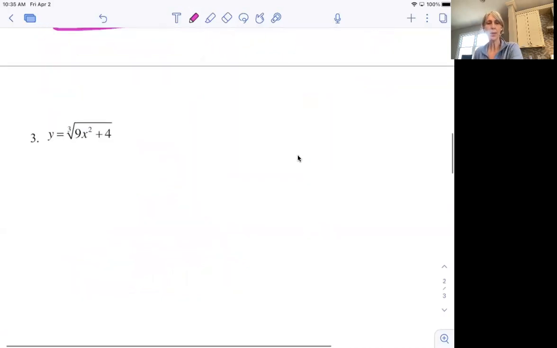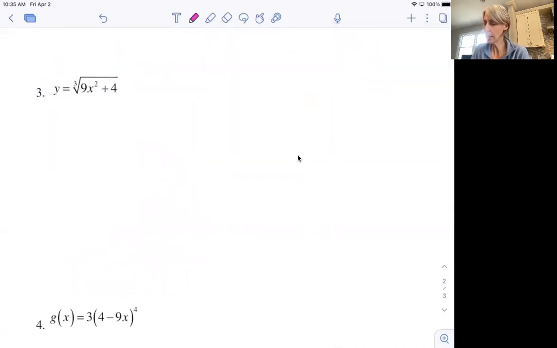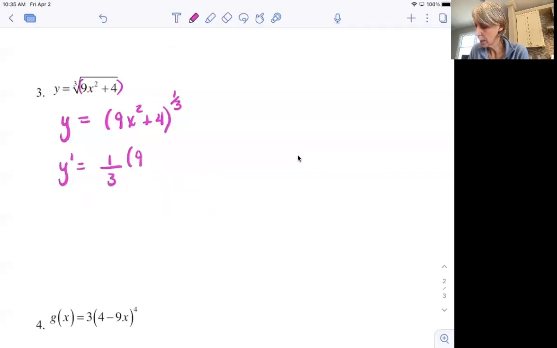Let's look at example 3. In example 3, rewrite. So we have this entire expression, what's underneath your radical sign, and we're raising that to the first power. So this is going to become 1/3. Derivative of the outside. Leave the inside alone. Times the derivative of the inside, 18x.